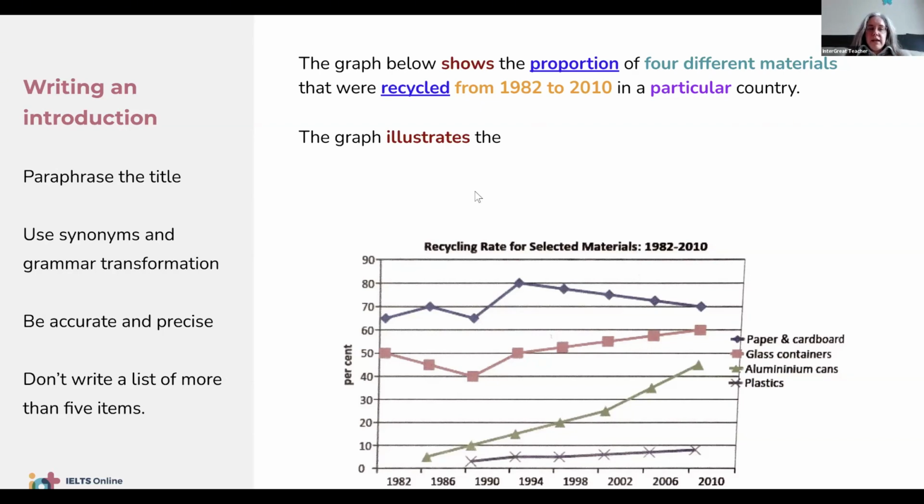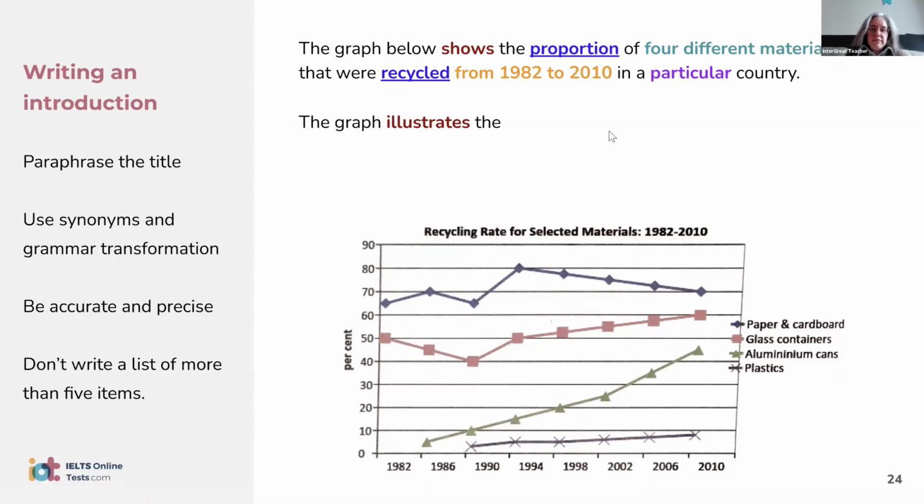So anyway, next you can see we've got proportion and recycled underlined. So we could have recycling rates. So the graph illustrates the recycling rates. And next we've got 4 different materials underlined.